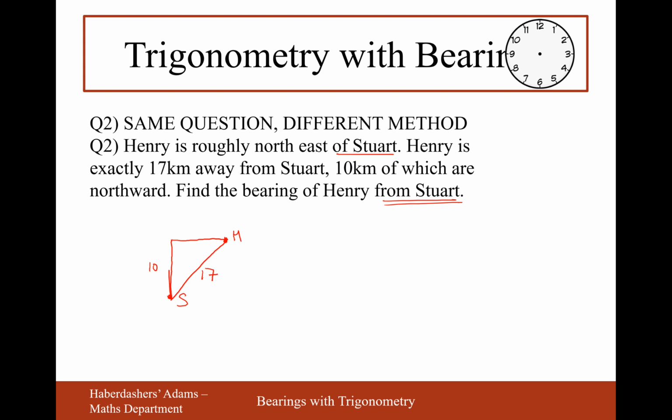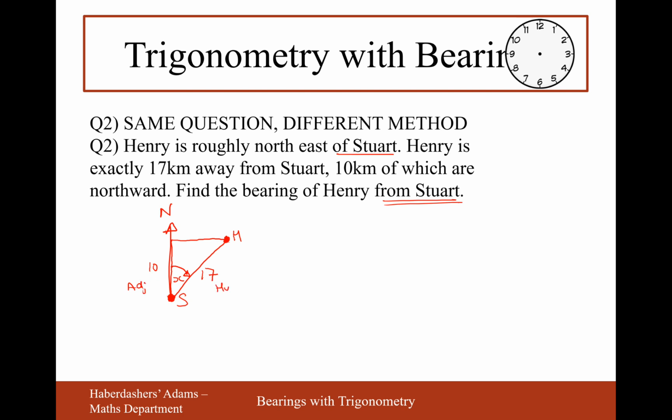So given that it's from Stuart, I'll start my north line at Stuart because I'm going to be starting at Stuart and travelling towards Henry. So my angle will be rotating round clockwise from the north line to meet Henry. So I'll be working out x here, and that would just be my answer. I'll get straight to the answer this way. And this will be the adjacent side on my right angle triangle.